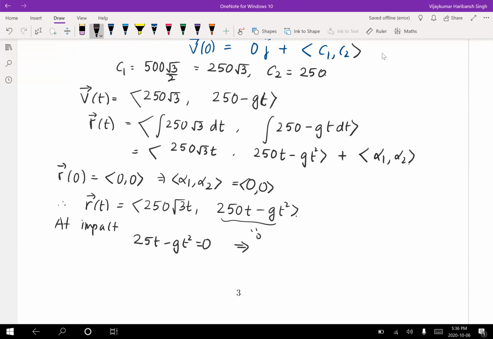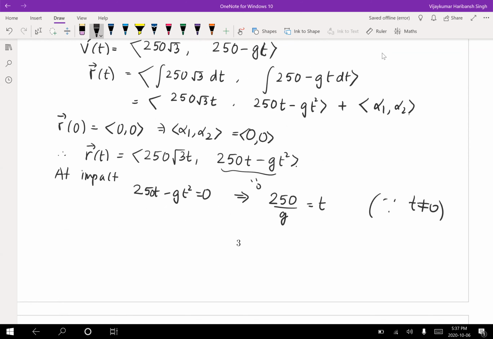This gives us 250 by g equals t. Why is that? Since t equals 0 is the starting point, not the impact point, t is not 0. You can take g to be 9.8, so it's going to be 250 over 9.8 roughly.